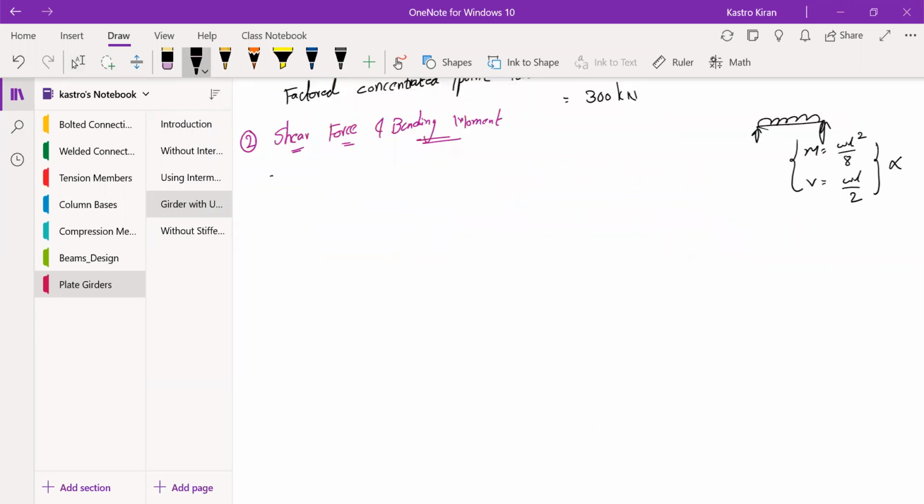End reaction at each support equals, this can be calculated in the simplest possible way, that is total load upon 2.